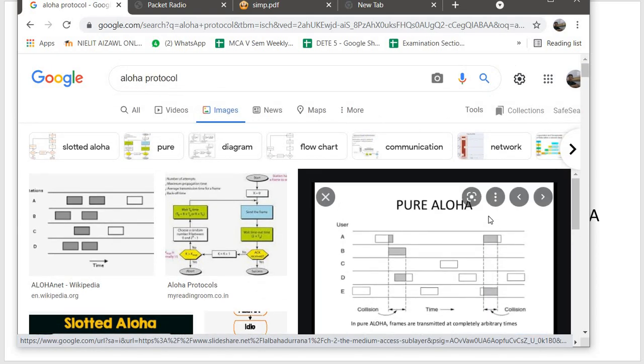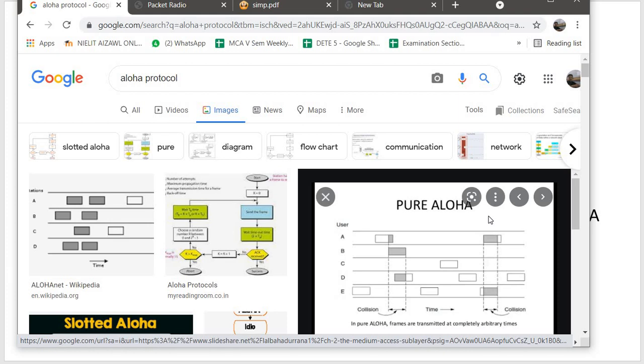This is the pure Aloha. Each station has a channel to transmit signals, and here we have users A, B, C, D, E, and in these communications between the stations there are collisions during transmission.